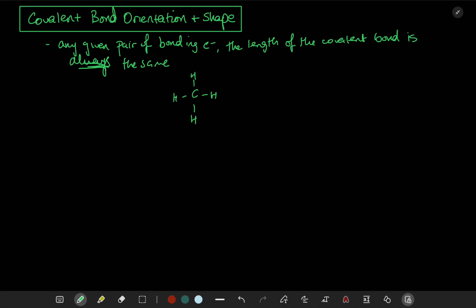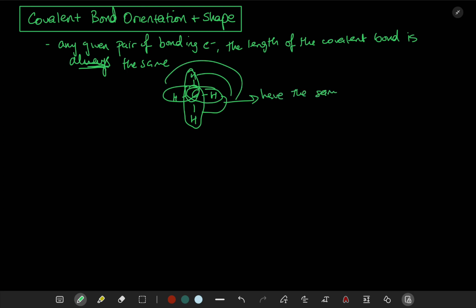In a molecule of methane, the carbon-hydrogen bond here, here, here, and here, all of these bonds have the same length. So all of the carbon-hydrogen bonds in methane have the same length. So we established that for any given pair of bonding electrons, the length of the covalent bond is always the same.